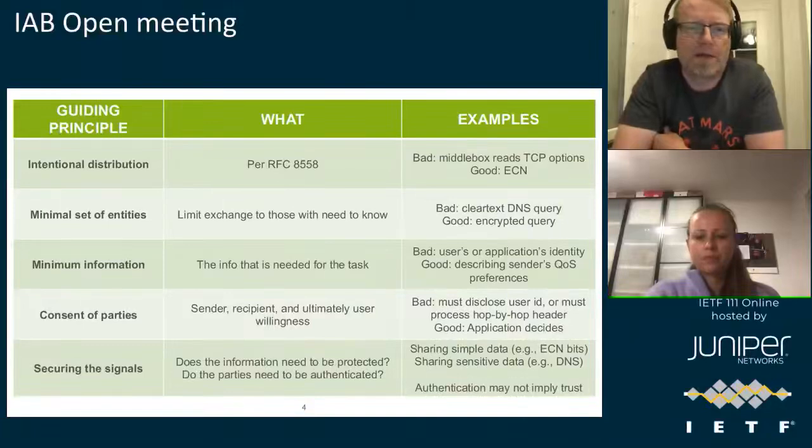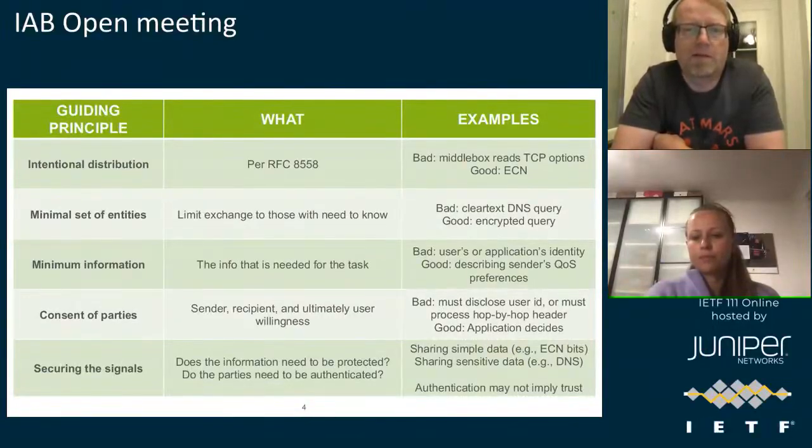The other principles relate to minimality. So first off, a minimal set of entities. Limit the exchange to those with a need to know. One example here is that if you have clear text DNS queries, it's possible that parties on the path will read them and perhaps act on them in some inappropriate ways, or in ways that make some things not work, for instance.